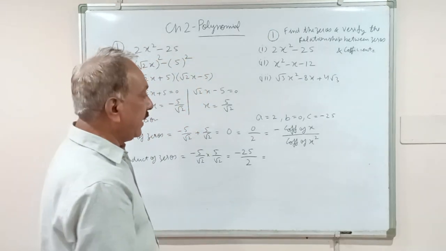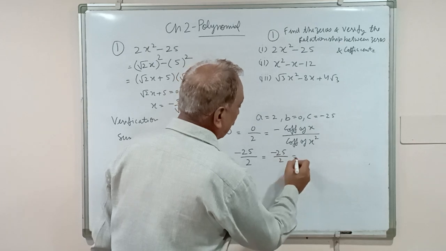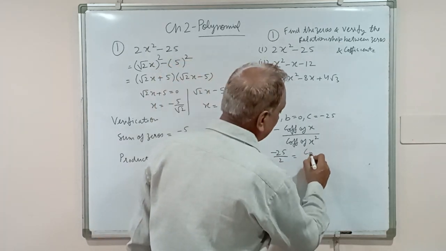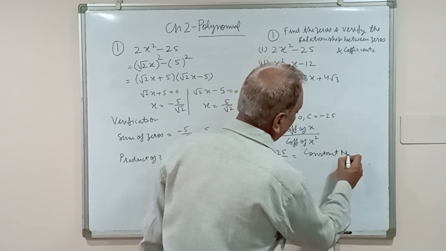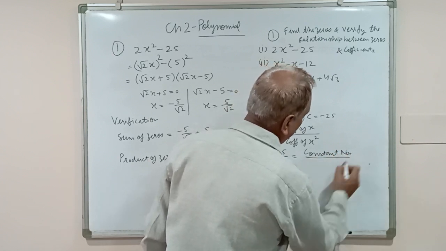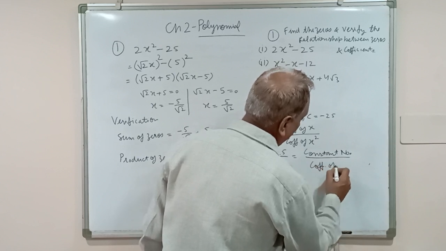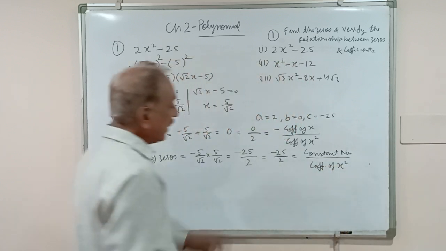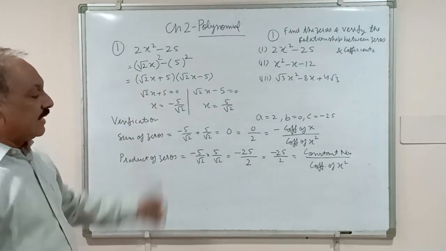Technical formula C upon A. This is minus 25 upon A is 2. Finally, constant number upon coefficient of x square. Again, it is verified. Then second part.